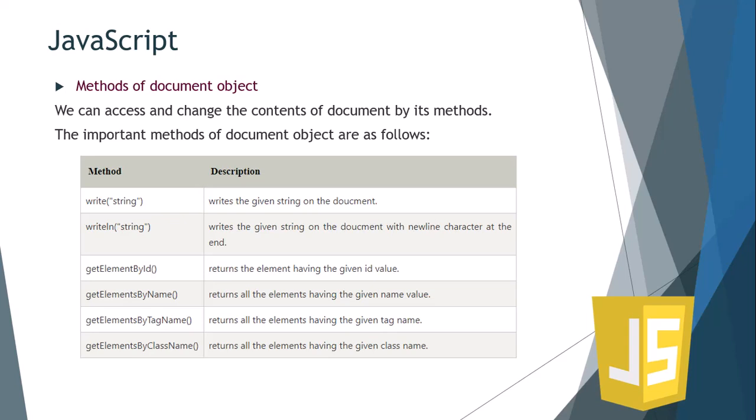This returns all elements having the given name value. Next we have getElementsByTagName. This also returns the elements having the given tag. Any elements having the particular tag specified in this method will be returned. Then we have getElementsByClassName. This also returns all elements having the given class name.